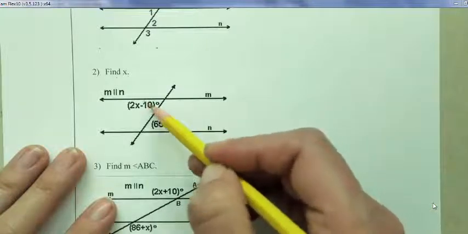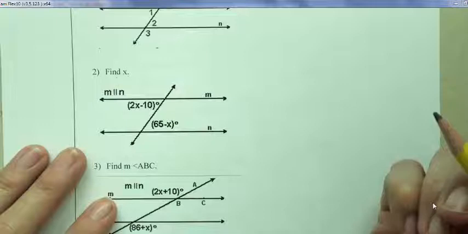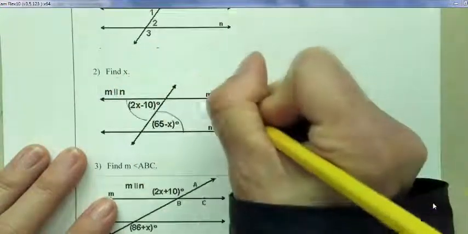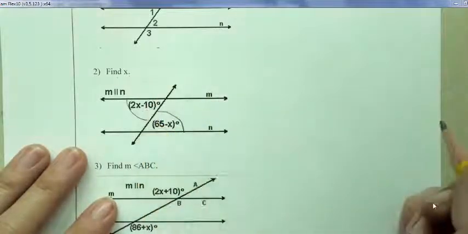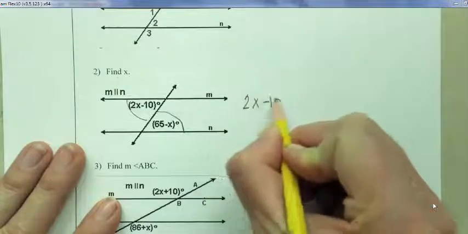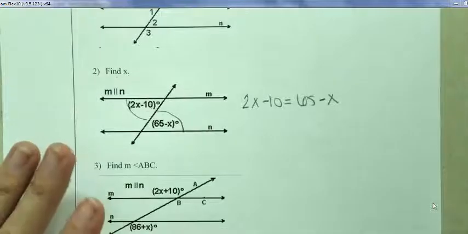So these two angles, what kind of special angle pair do we have here? That's right, they're alternate interior angles. And if I have two parallel lines cut by a transversal, alternate interior angles are going to be congruent. So I can set up an equation that basically sets these equal to each other. And then I can solve.